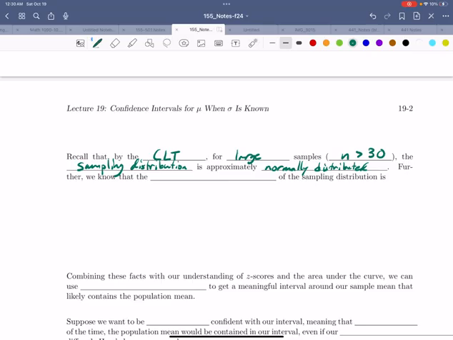If the sample size is small and the variable is normal, then the sampling distribution is automatically normal. Anyway, we also know that the standard error, which remember we denote as sigma sub x bar, is sigma x bar equals sigma over root n.